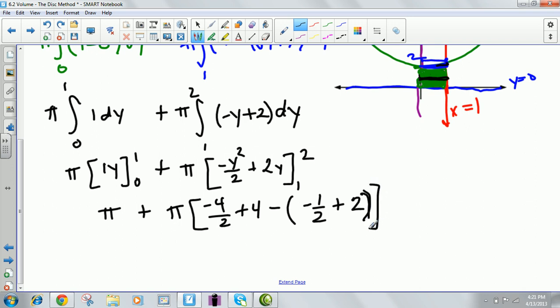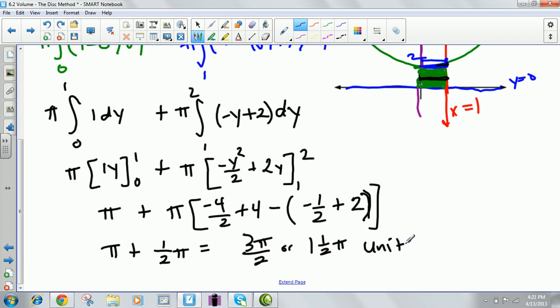And then when you simplify all of that, you would end up with 1/2 pi, so it'd be pi plus 1/2 pi, which gives you 3 pi over 2 or 1 and 1/2 pi, either one. And that's units cubed. So then there's our answer there.